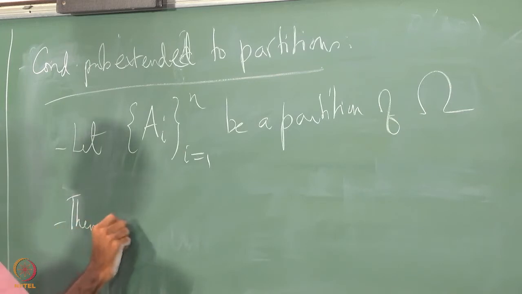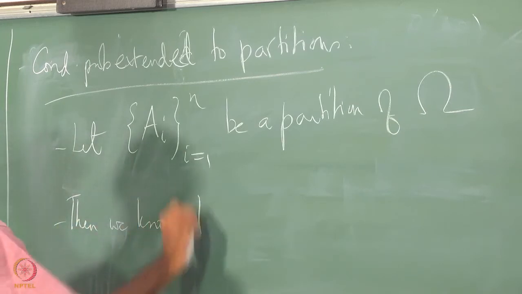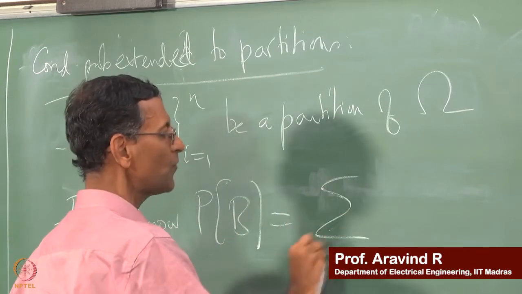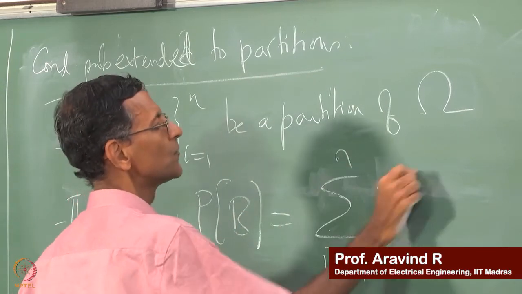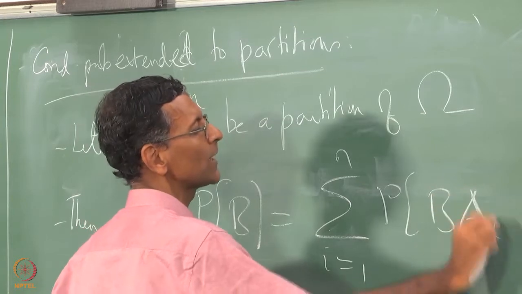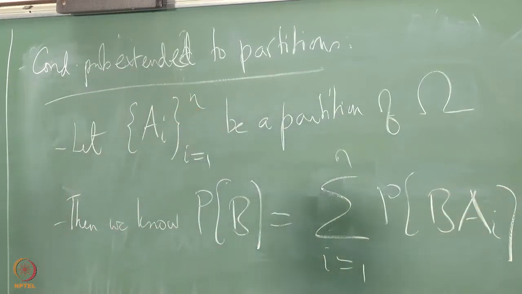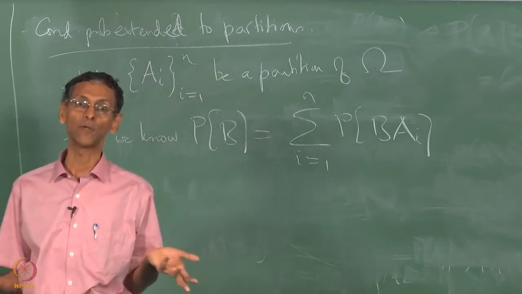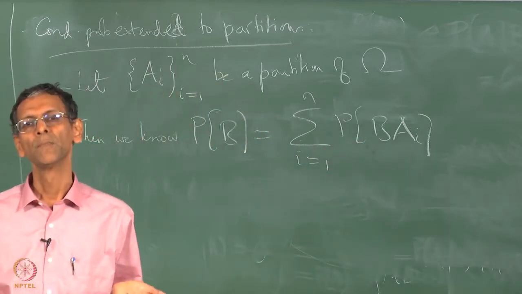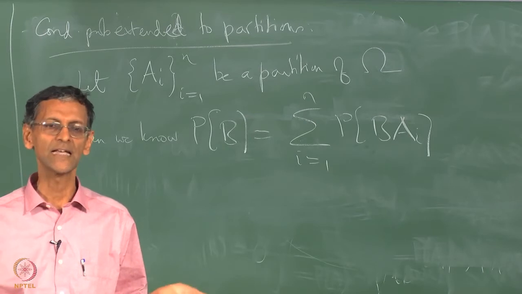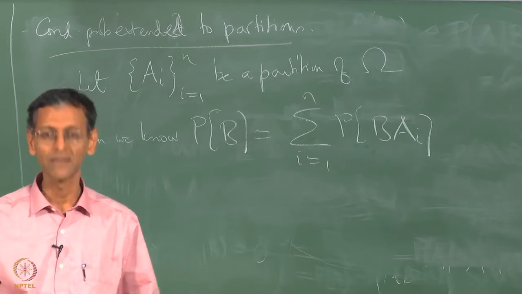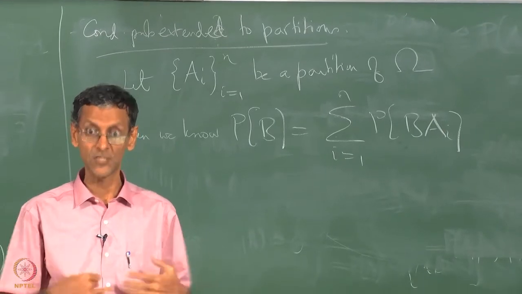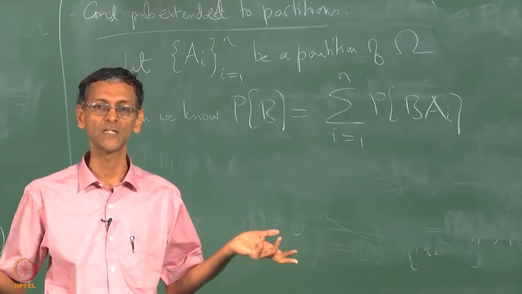Then we know P(B) will basically be the sum from i = 1 to n of P(B ∩ A_i). This is exactly what I wrote earlier. Now I want to write these using conditional probability. It makes sense to condition on A_i, because in most cases the partition A_i is the first stage, and B is something you observe in the second stage.